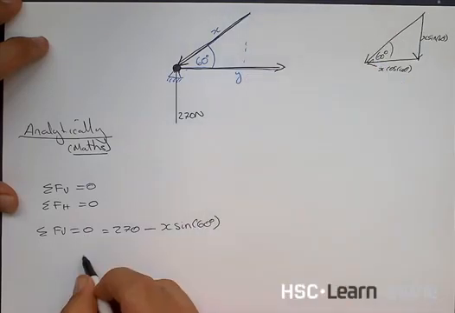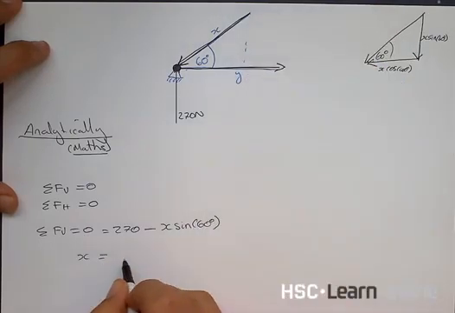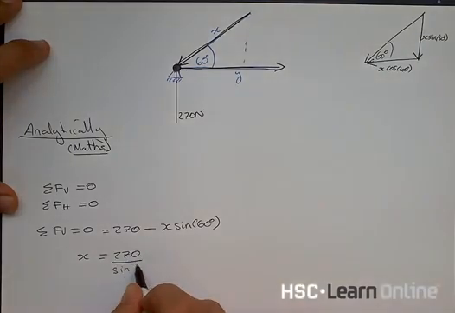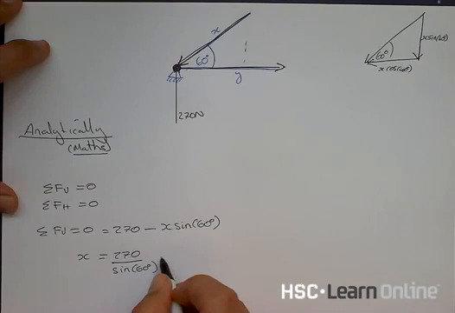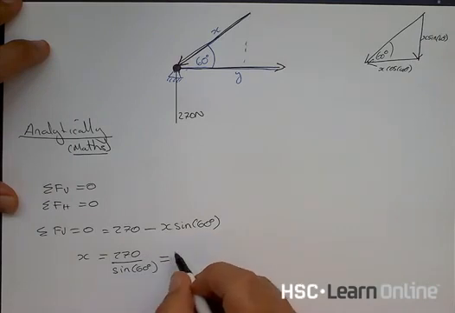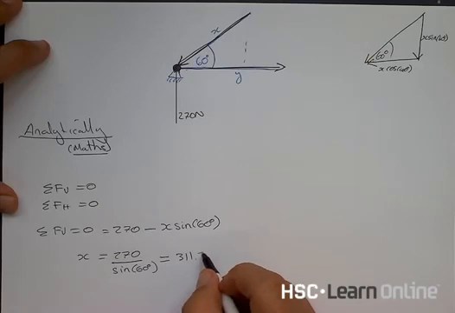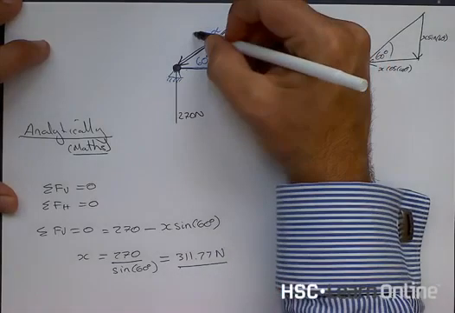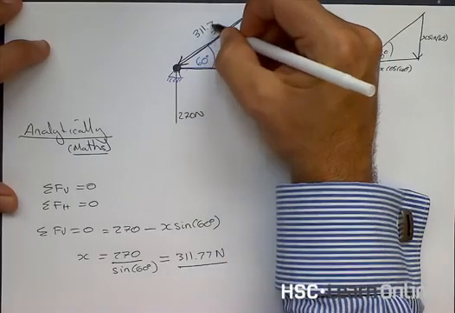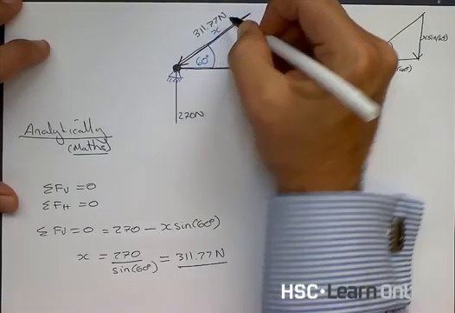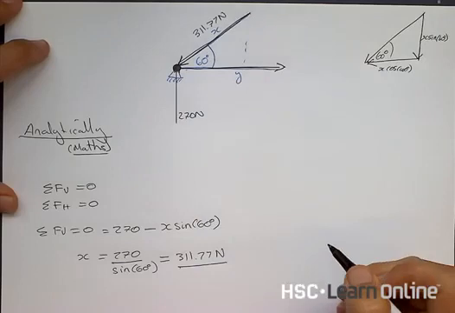And so X is equal to 270 divided by sine of 60 degrees. If you pull your calculators out, you'll find that ends up being 311.77 newtons. So straight away we know that this force over here is 311 newtons.